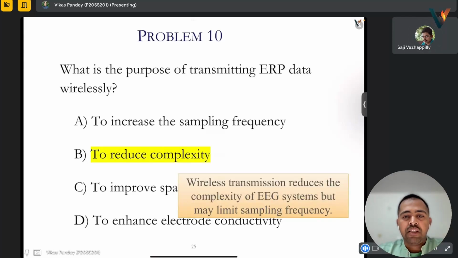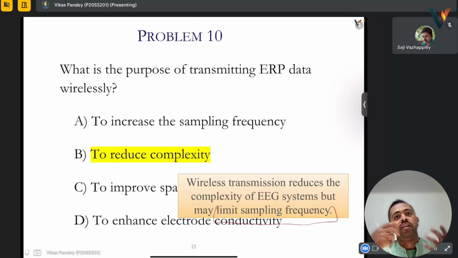So wireless transmission reduces the complexity of the EEG system, but it will actually limit the sampling frequency. As with any electronics, if it is remote controlled, the sampling frequency will be less because that much data cannot be transmitted wirelessly. Whereas if it is connected by wire, it will have more bitrate, or data, you can say.